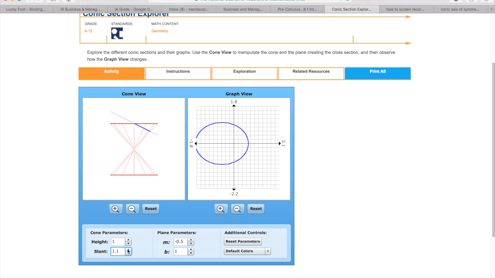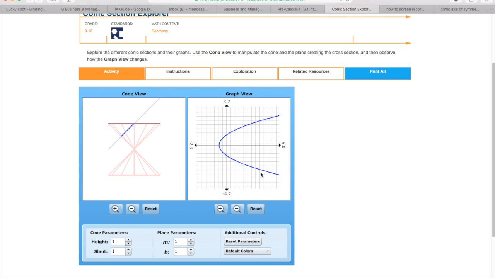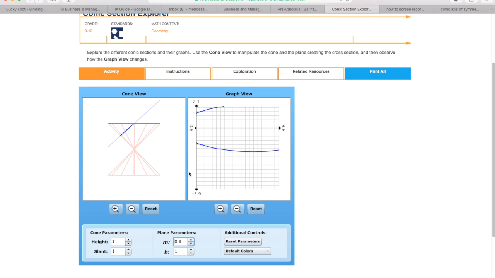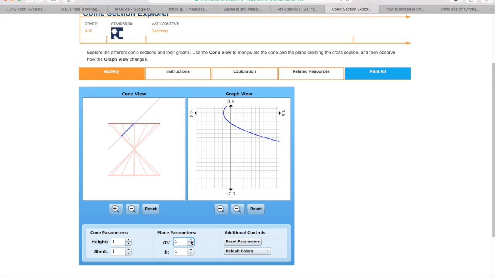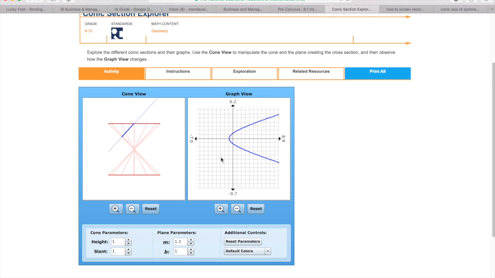Let's see how the slant affects this. Let's see what happens when we get to 1. And the slant is 1. Well, when they're equal, we can see that the ellipse is broken. Less than 1 and the ellipse is back. Greater than 1 and there's no ellipse to be found.